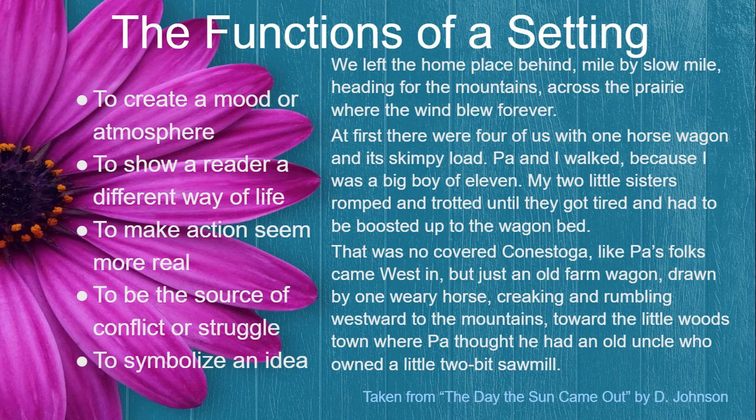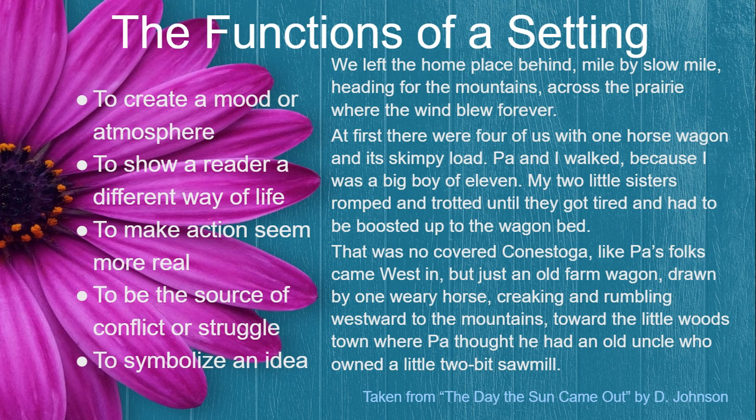Here's an example of setting. We left the home place behind, mile by slow mile, heading for the mountains across the prairie where the wind blew forever. At first, there were four of us with one horse wagon and its skimpy load. Pa and I walked because I was a big boy of 11. My two little sisters romped and trotted until they got tired and had to be boosted up to the wagon bed.